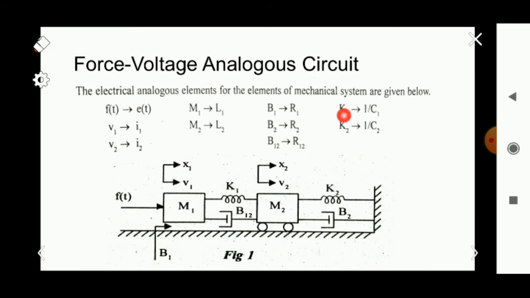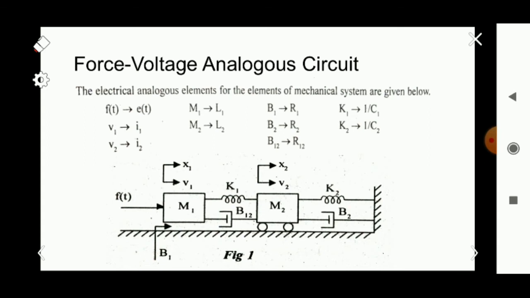For k1 it is 1 by c1, and for k2 it is 1 by c2. For writing this, we have to thoroughly study the force voltage analogous elements. We must know what the corresponding element in the electrical circuit is for the mechanical system, and based on that we draw the electrical system.